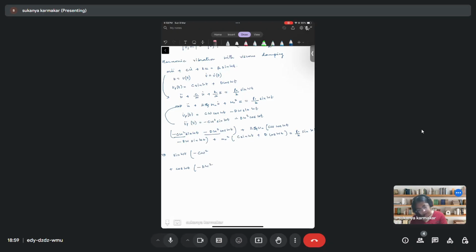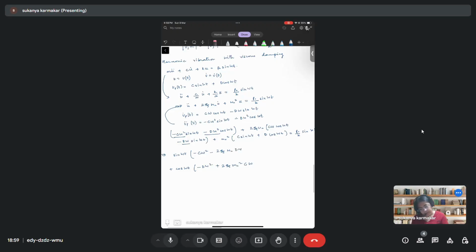Now again the cos omega t coefficient is 2 zeta omega n c omega, and here you have minus 2 zeta omega n d omega, that is what I'm writing.